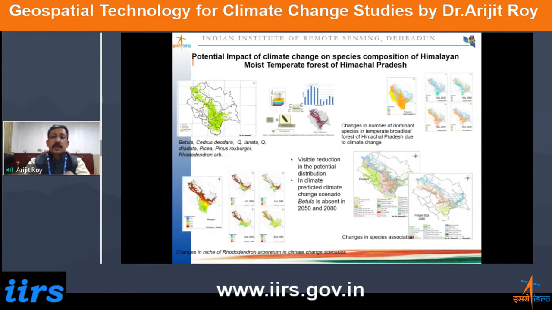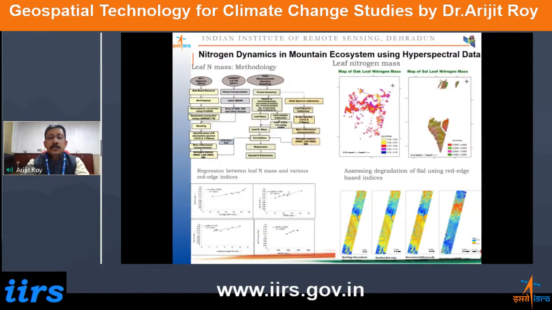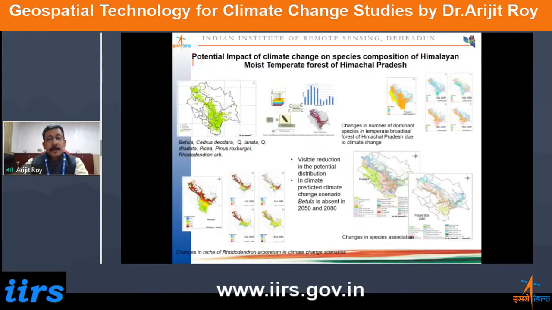What we have seen is that a number of species are going to disappear. The communities which are prevalent now, like the moist temperate regions, which have huge biodiversity, are going to lose their community structure. So communities which were earlier composed of something like 10 to 15 dominant species will have just 3 to 4 dominant species, with the rest of the species disappearing from that community in that area.